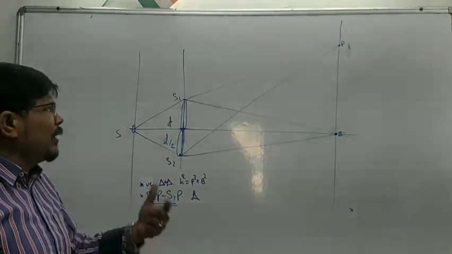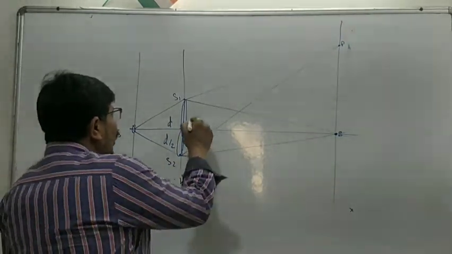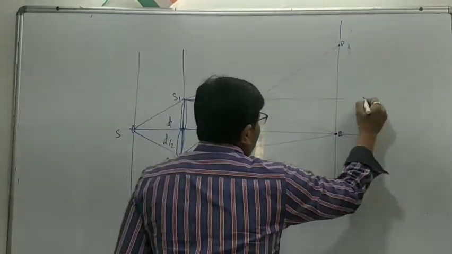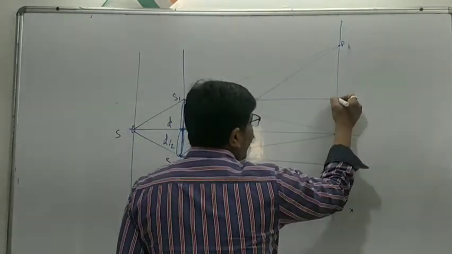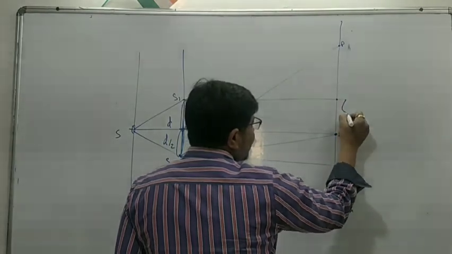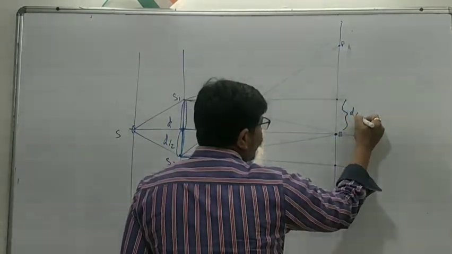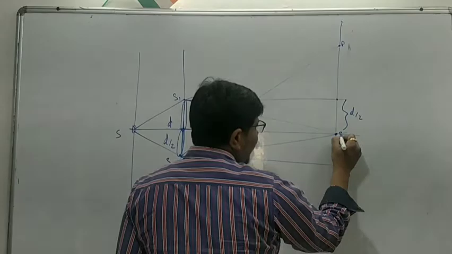One more thing, when you take this point as the central fringe, and this point is the point P where we got the fringe, now draw a perpendicular on the screen. This distance will be d by 2 and this distance will be d by 2.